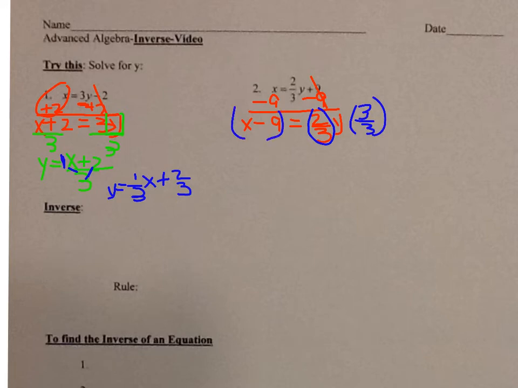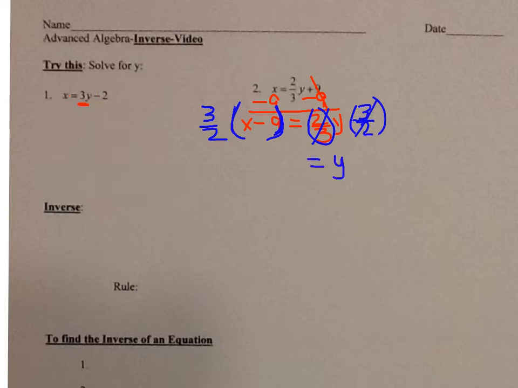Both sides. Sorry, that's a 2 in the denominator. So 3 over 2, both sides, 3 over 2. Notice I put parentheses because x minus 9 is a binomial. So 2 over 3, 3 over 2, that reduces to just 1.